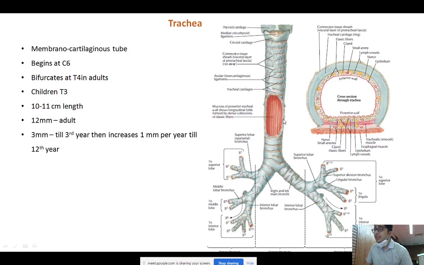In children, we should know the sizes as per the age, because it may cause trauma if you insert something much larger. So in children it is 3 millimeter till the third year, then it increases 1 millimeter per year till the 12th year. After the 12th year it is about the adult size. So that is about the lumen of the trachea.